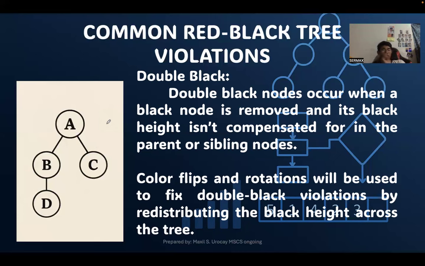So double black nodes occur when a black node is removed and its black height isn't compensated for in the parent or sibling nodes. Color flips and rotation will be used to fix double black violations by redistributing the black height across the tree.